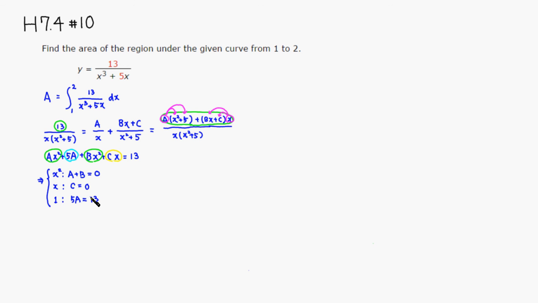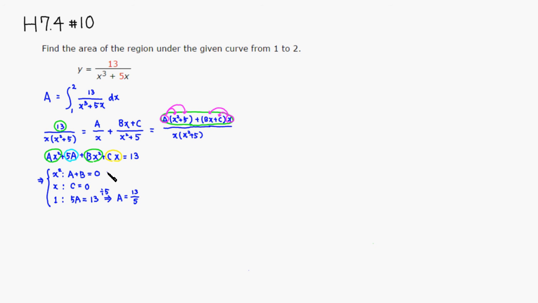So we already know what C is. C is 0. From here, we can just divide through by 5, so A is going to be 13 over 5.